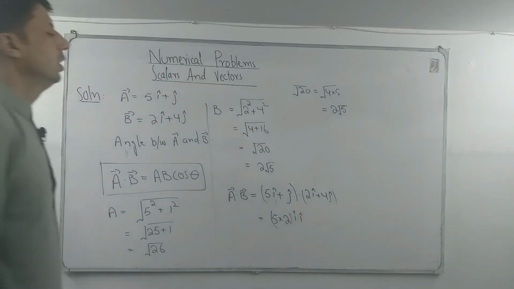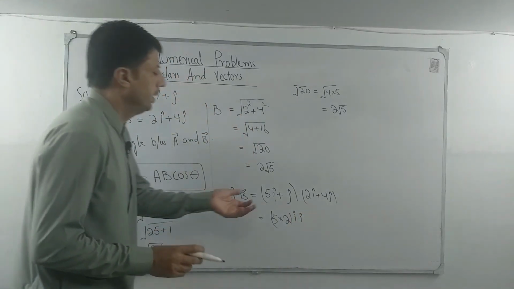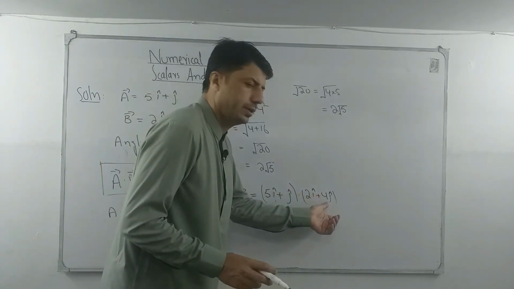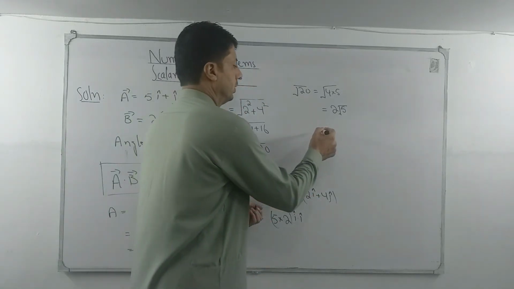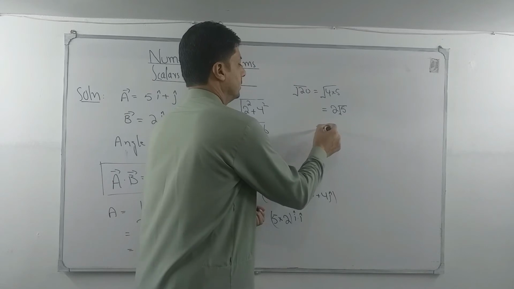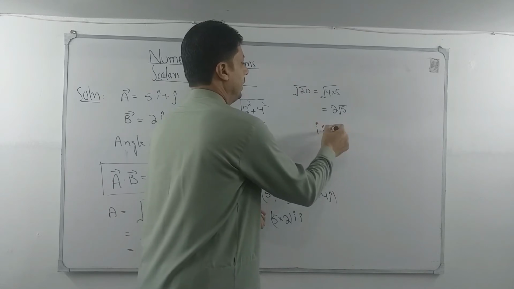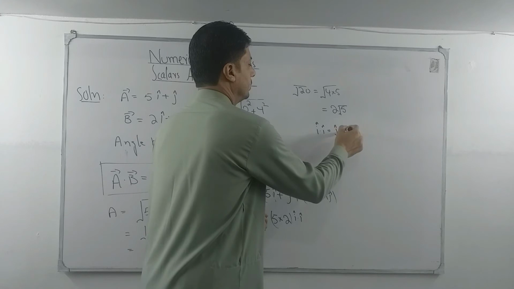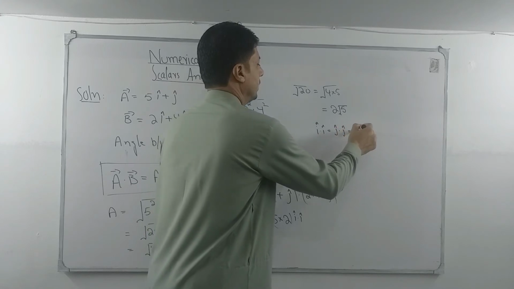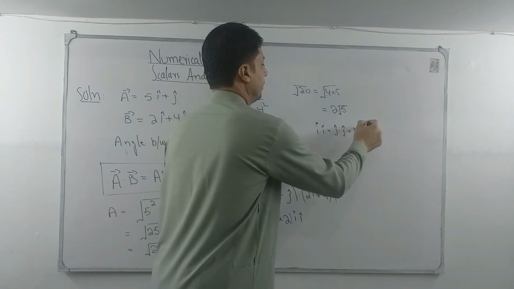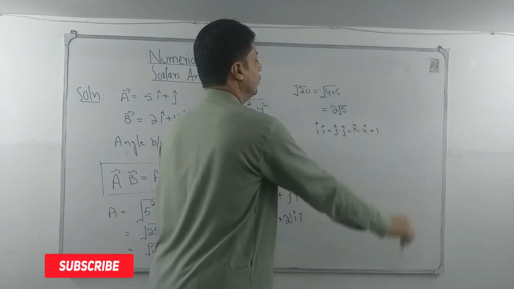We will not multiply I with J, because in the scalar product, I dot I is equal to J dot J is equal to K dot K is equal to 1.